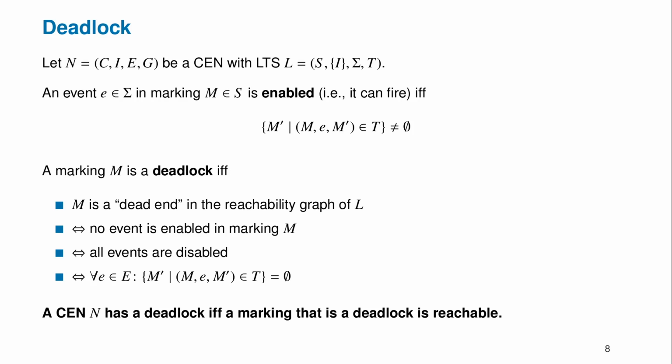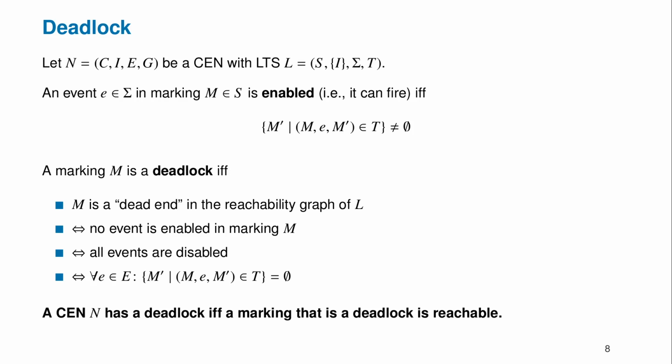We say that an event E is enabled in a state or marking M if and only if there is a successor state that can be reached when E is executed.